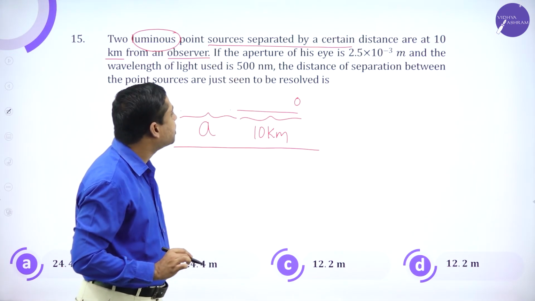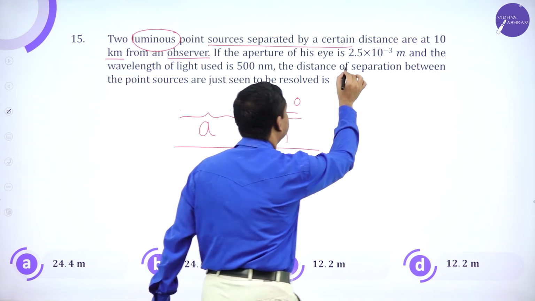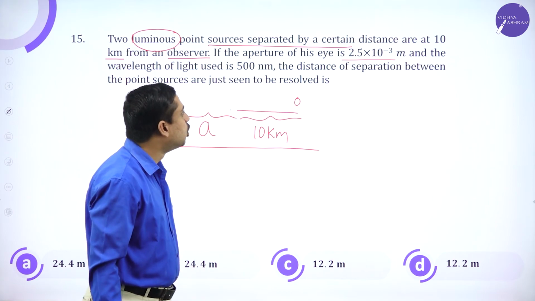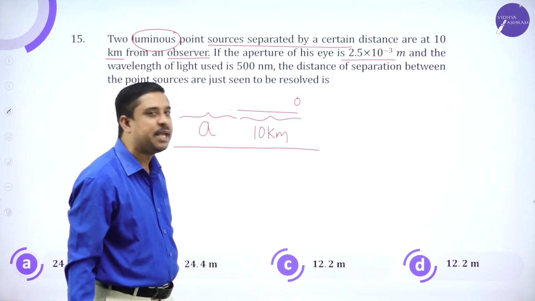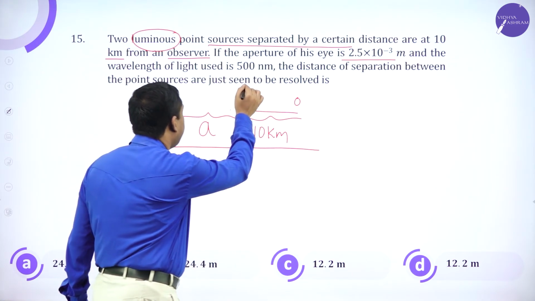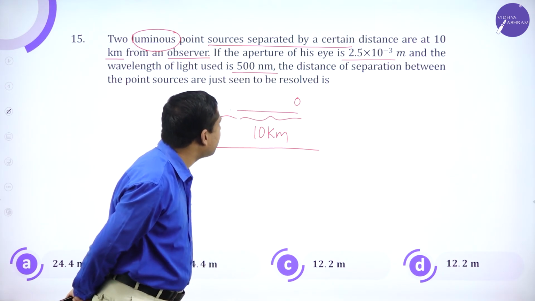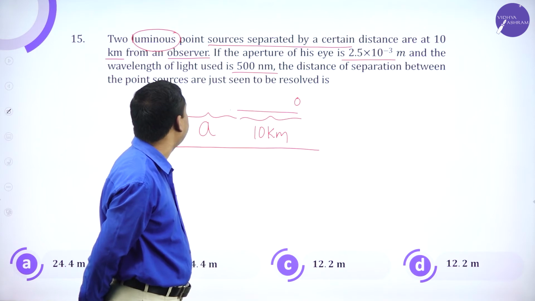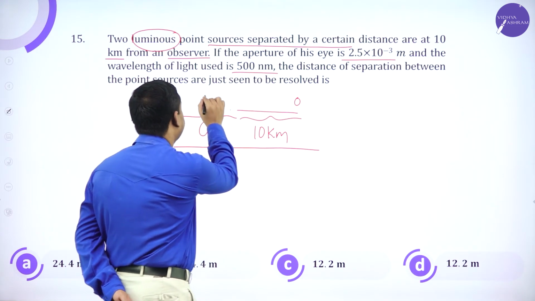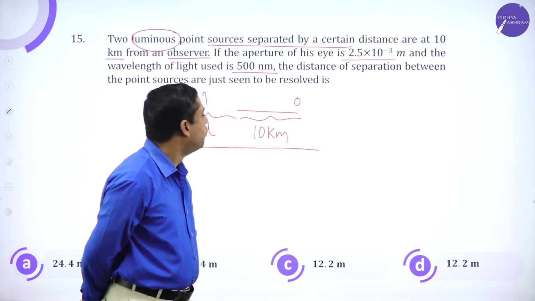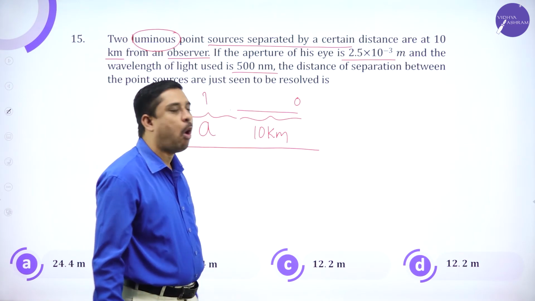If the aperture of his eye is 2.5 into 10 power minus 3 meter, and wavelength of light used is 500 nanometer, then what is the distance of separation between the 2 points?